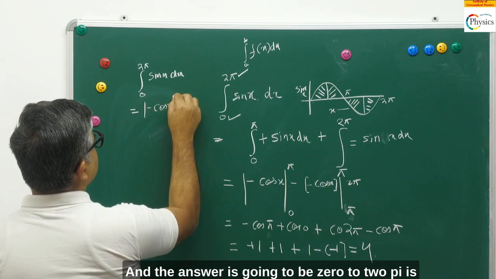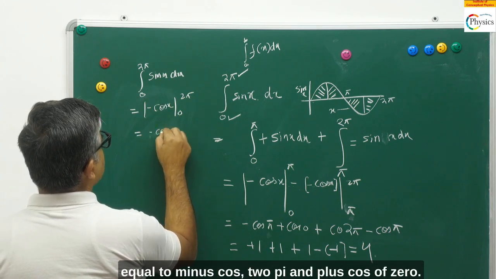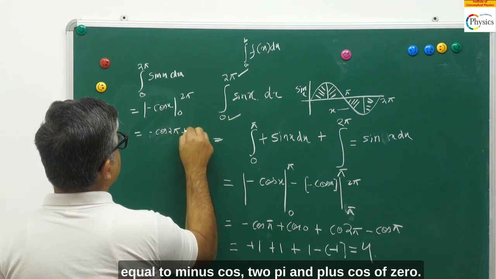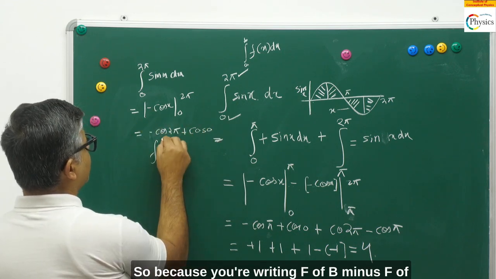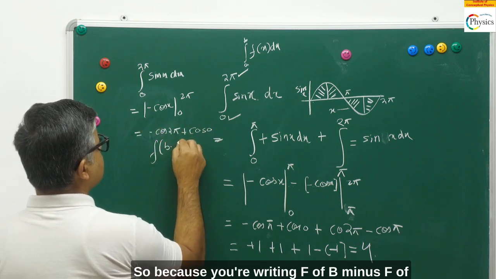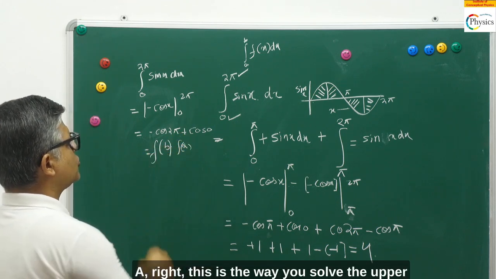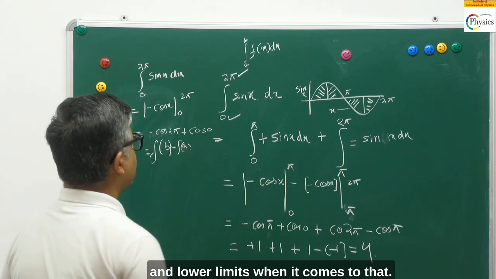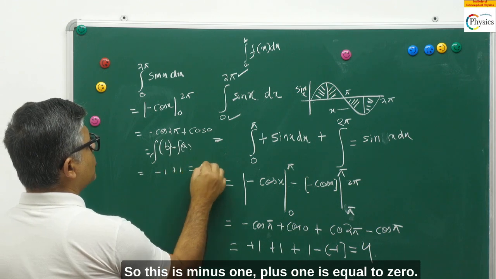And the answer, from 0 to 2 pi, is equal to minus cos 2 pi plus cos of 0, because you're writing f of b minus f of a, right? This is the way you handle the upper and lower limits. So this is minus 1 plus 1, which is equal to 0, right?